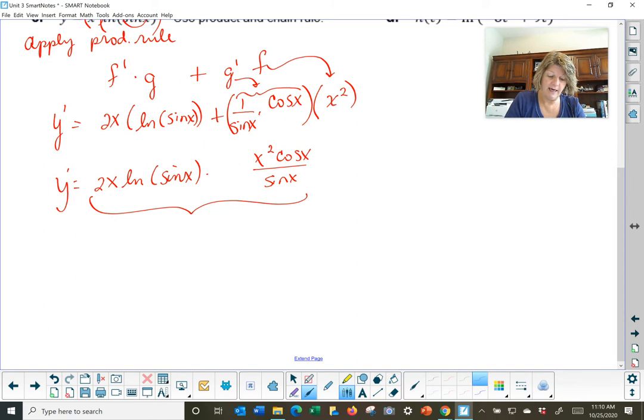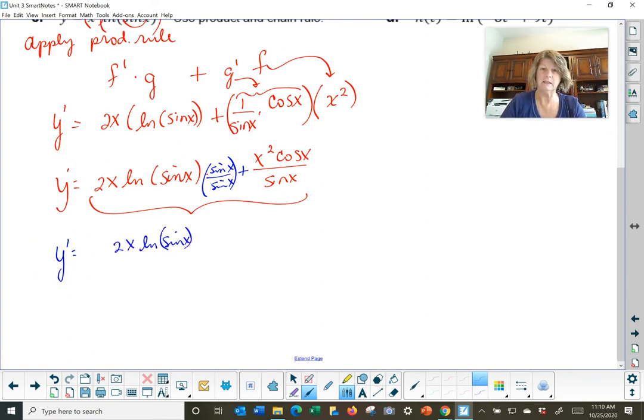And to do that, I need to make like denominators. So I would introduce, and if you've got a different color pen, use it because it'll help you see that you inserted something a little bit unique there. I'm making like denominators here, right? So I get 2x natural log sine of x.